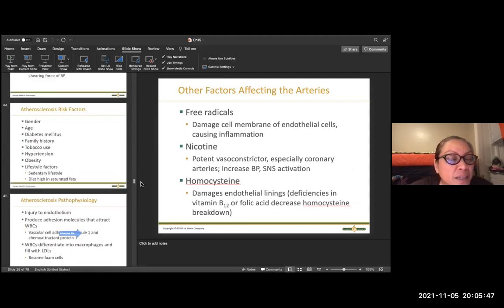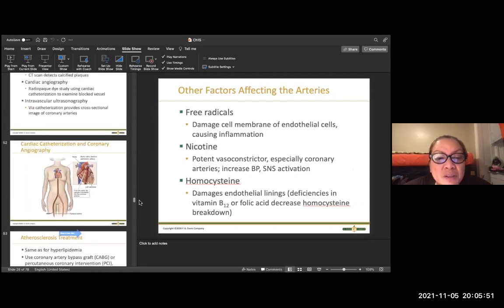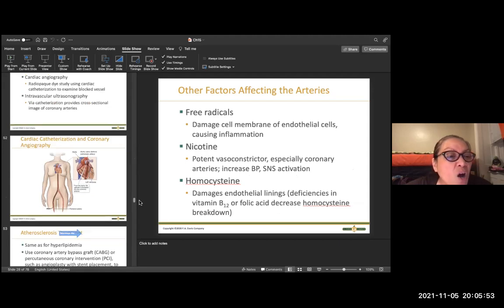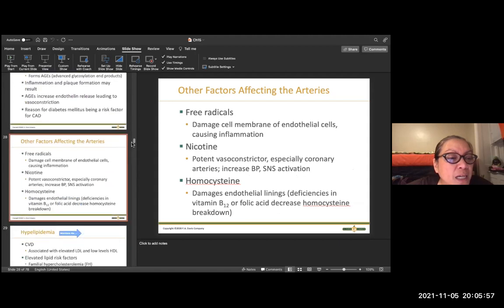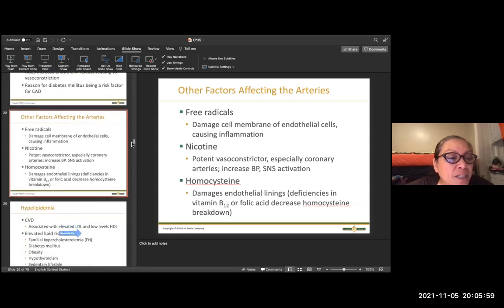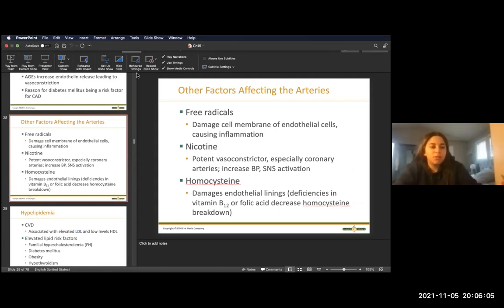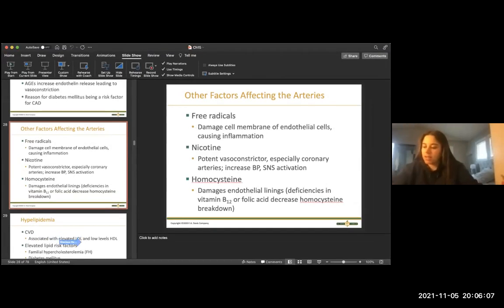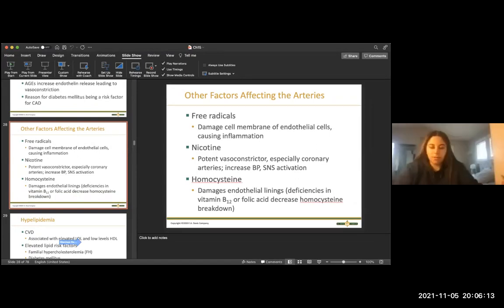The free radicals, the nicotine. Oh, this is the treatment management, right? You know what? Actually, this is too much. I'm going to switch it. The other one is less. Can I switch it? Yes, by all means. I'll just pause the recording.